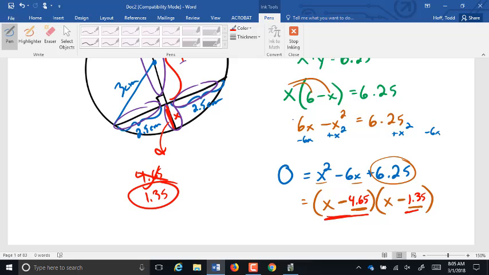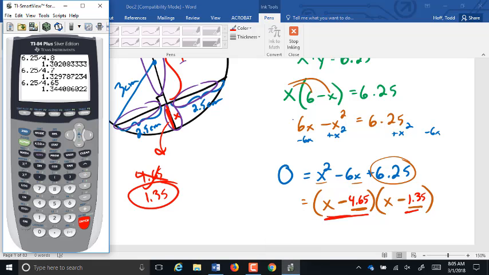If you were within like 7 or 8 hundredths. I mean, the exact answer is going to be this. 1.3417 is the exact answer.